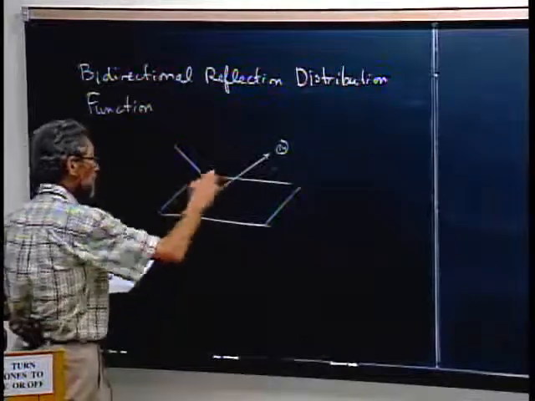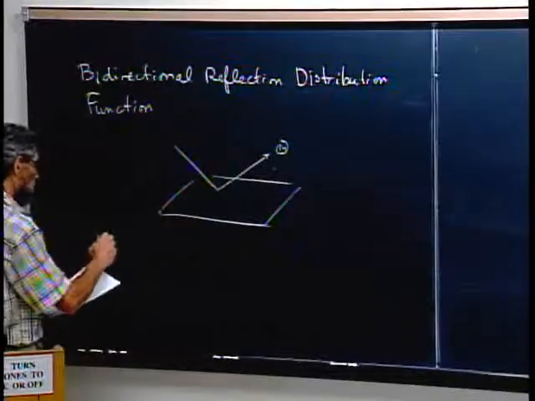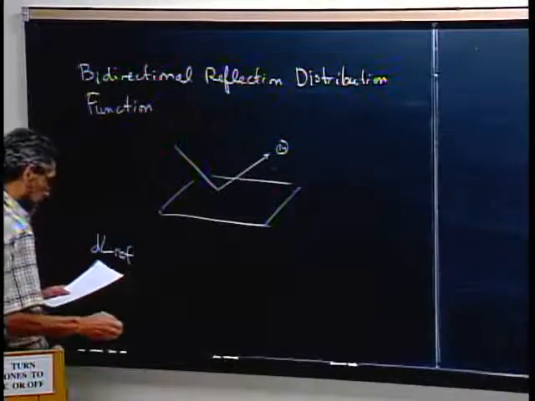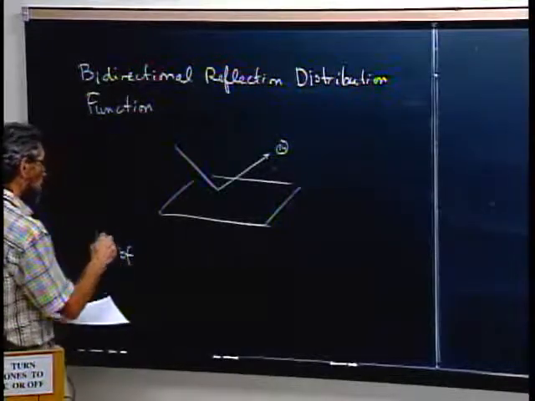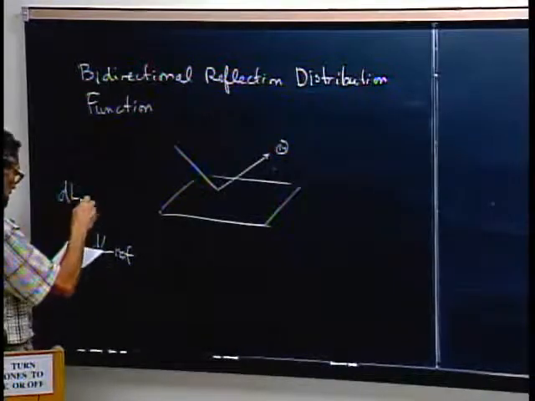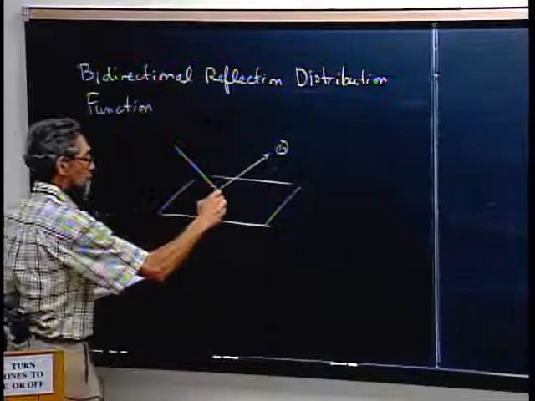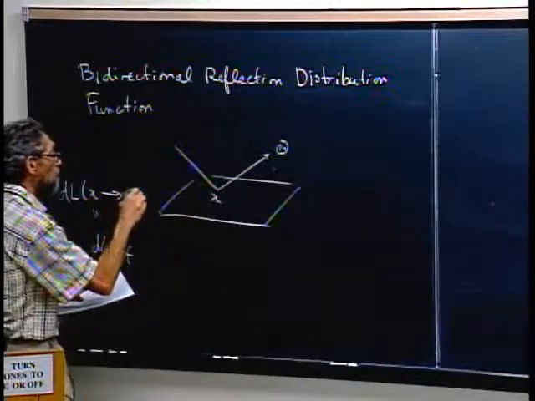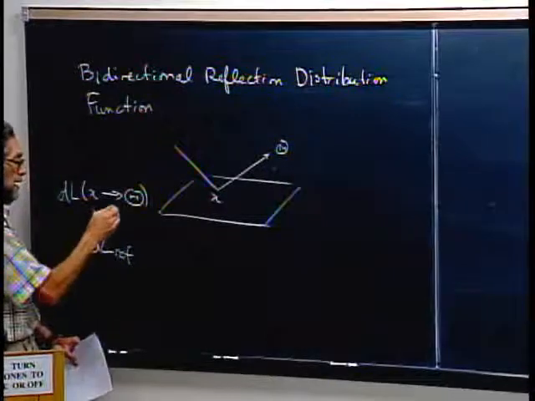I can still talk about a radiance coming out. And I can talk about a radiance reflected. And the notation in the book is they call this the radiance reflected at position x going out from x in direction theta.